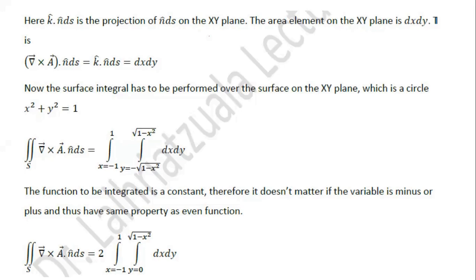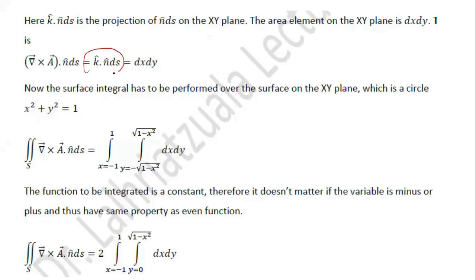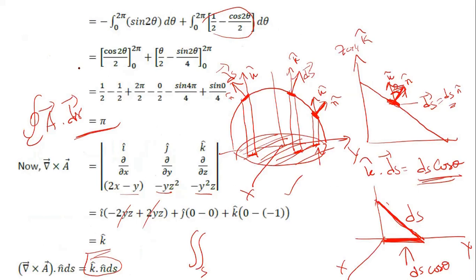Okay, so what I was saying is that when you take k dot ds cap here, this is simply a projection of that unit vector on the xy plane. Projection of that unit vector on the xy plane will be as written here. This is the xy plane. So what will be the infinitesimally small area here on the xy plane?